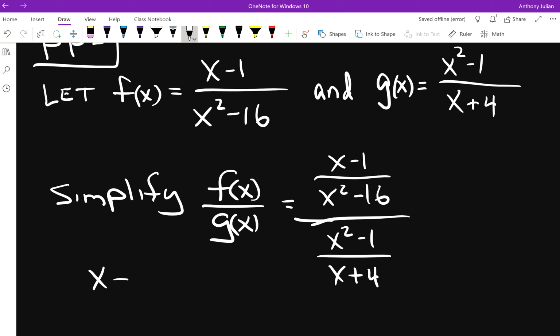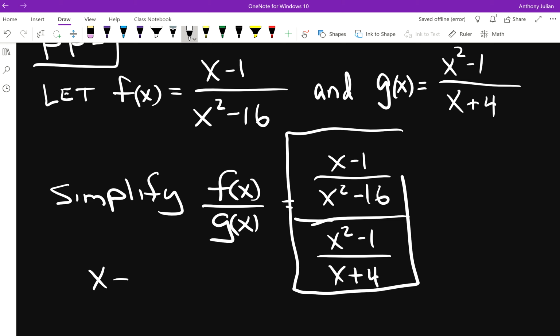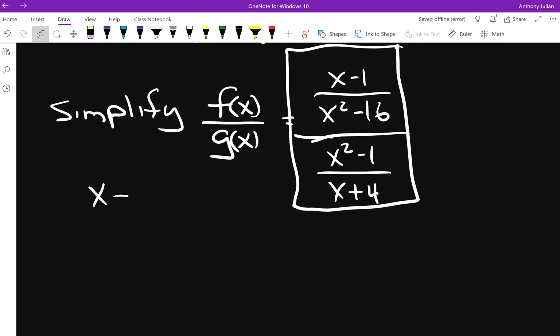All right, there's my complex fraction, my complex rational expression. Okay, and here is where we're at thus far. Just the beginning, I just replaced the expressions for f of x and g of x, and now I can do the keep, change, flip.